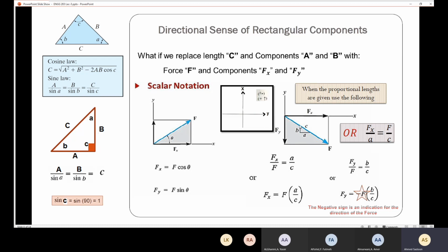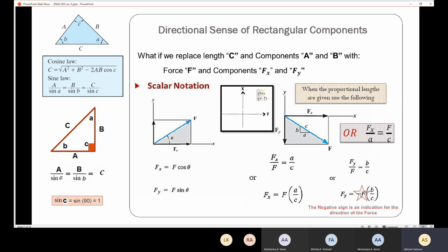And the value of C, this side here, is similar to F. So I'm going to say that Fx over F is going to equal A over C. The ratio between Fx and F is equal to the ratio between A and C. And also, you could say that Fy, which is this one, is similar to B. So Fy over F is going to equal B over C. Then to calculate the value of Fx, I will say that Fx equals F multiplied by A over C. And Fy is going to equal F multiplied by B over C.